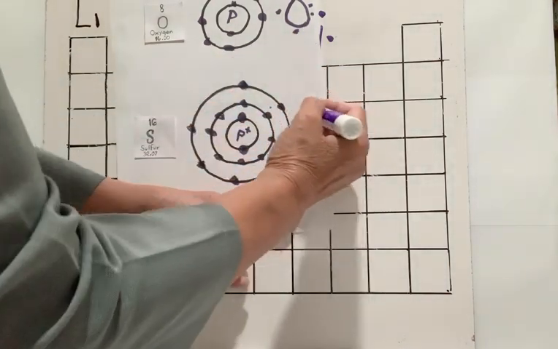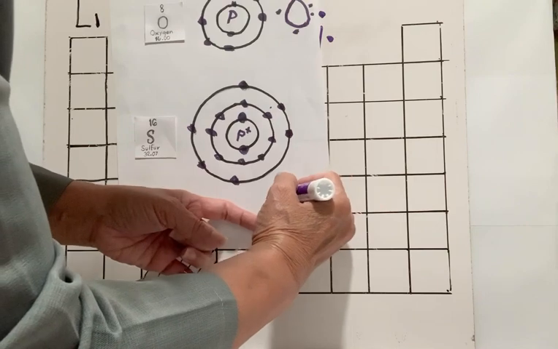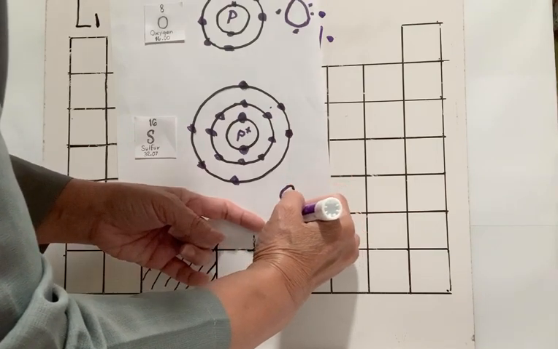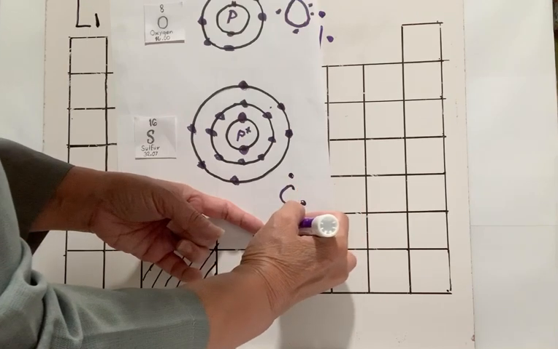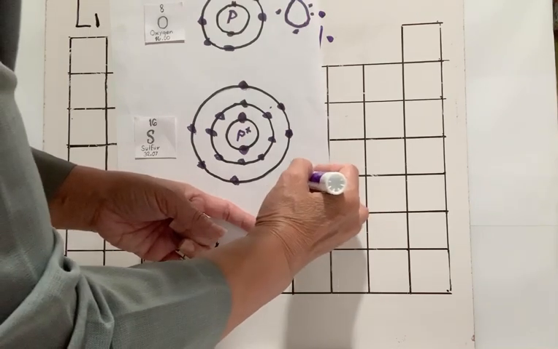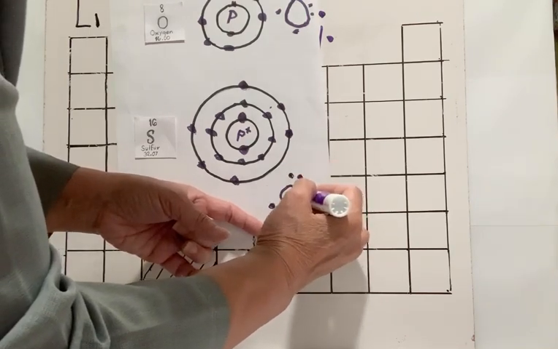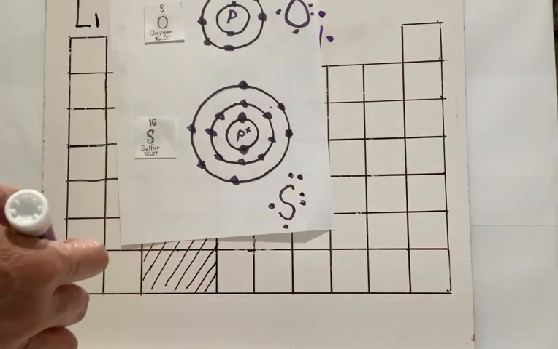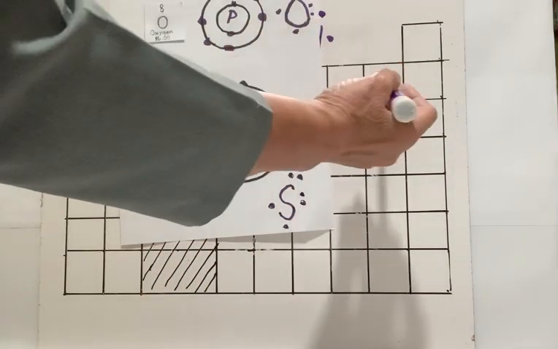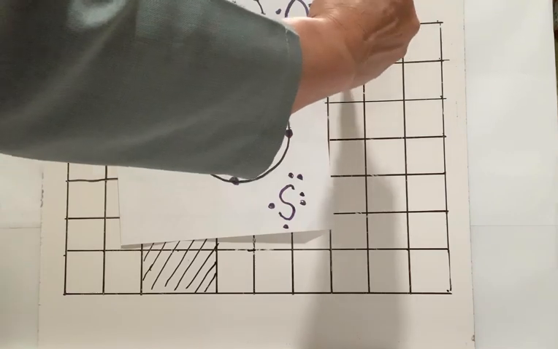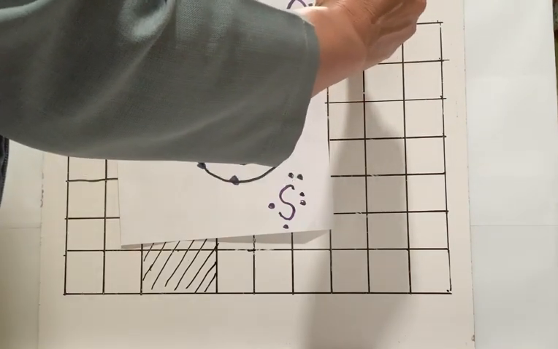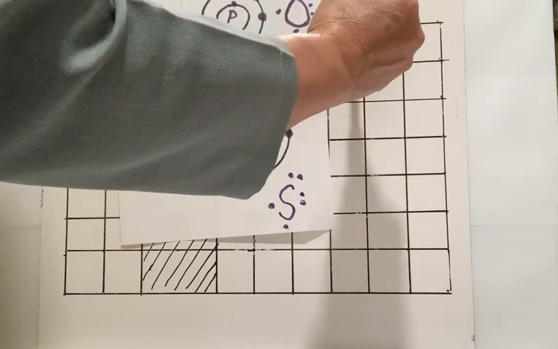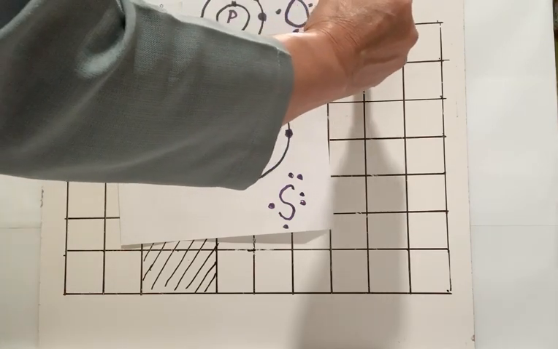So therefore, we write the electron dot structure of sulfur: 1, 2, 3, 4, 5, 6. So we will represent group 6A with oxygen. So here is oxygen with 6 valence electrons.